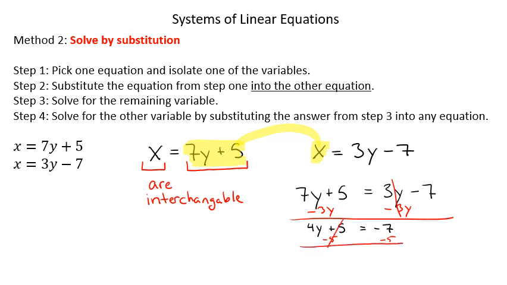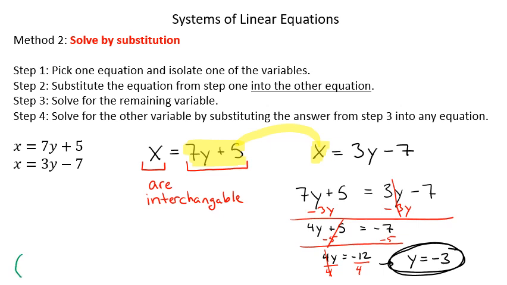Those 5's will cancel. We've got 4y is equal to negative 12. We want y by itself. Divide both sides by 4, those 4's will cancel, and we have y is equal to negative 3.